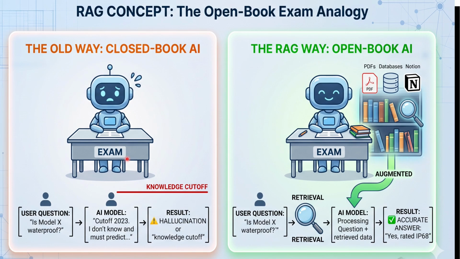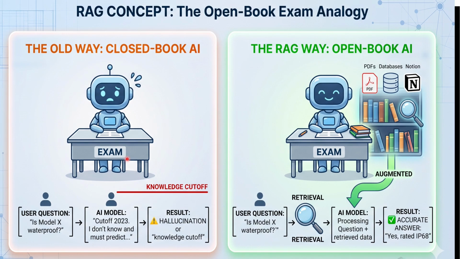In the context of LLMs or large language models, their training is basically frozen, or they have some cutoff date, right? So once we train the LLM, till the training stops, their learning also stops.